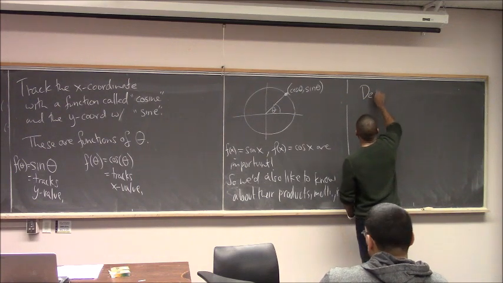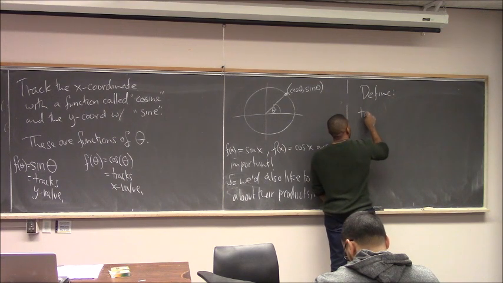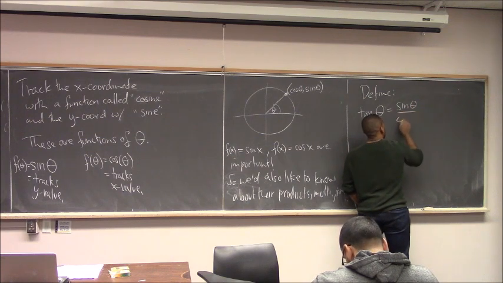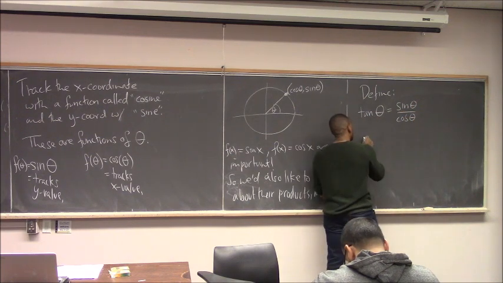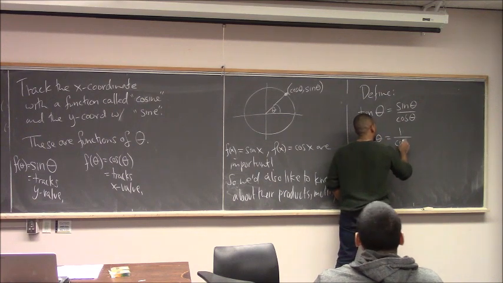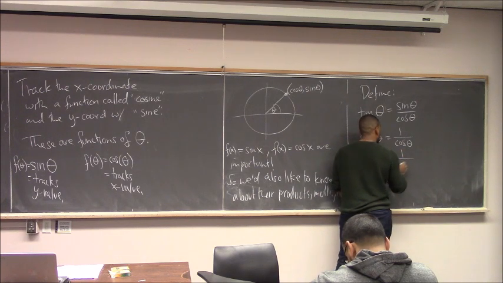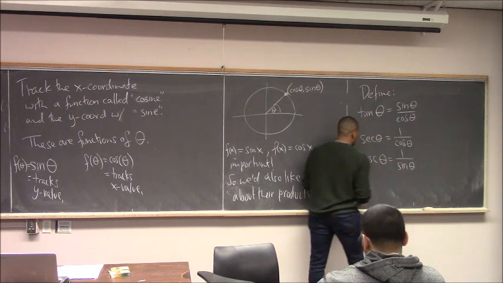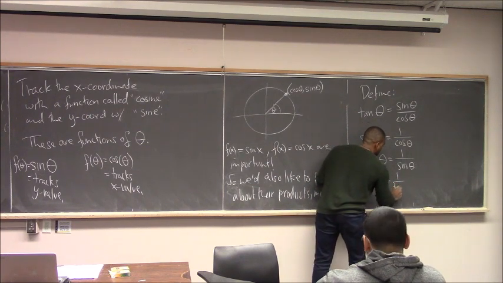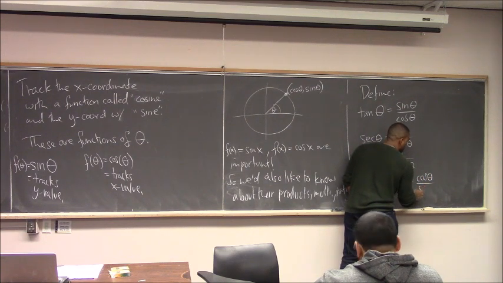So we define some more functions to track these ratios. We define another function called the tangent of theta to track the division of sine over cosine. We invent another function called secant. This will track the reciprocal of cosine. We invent another function called the cosecant. This tracks the reciprocal of sine. And we invent another function called the cotangent. This tracks the reciprocal of the tangent, or in other words, it tracks the value that we get when we divide the cosine by the sine.